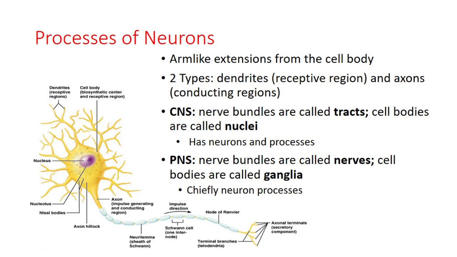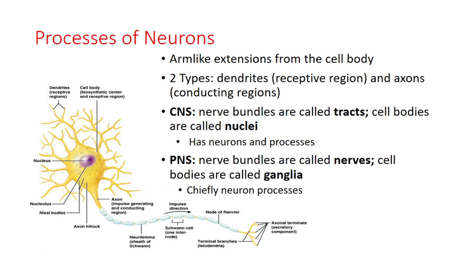So those processes, the dendrites and the axons, are found on almost all neurons. Sometimes they're slightly modified in how they look, but they do have different names depending on if we're looking at a neuron in the central nervous system or peripheral nervous system. For example, if you have nerve bundles called tracts, then we're looking at essentially axons that are bundled up together.